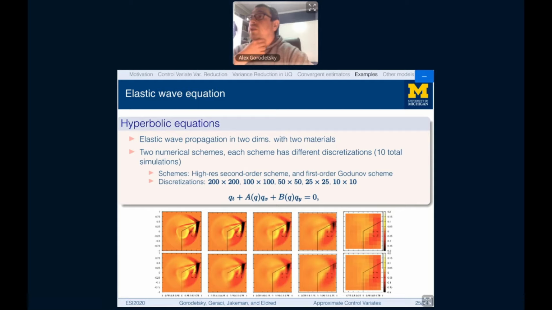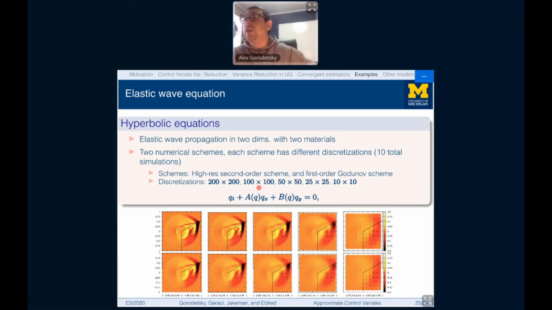Okay, so here's another example on robustness to discretization aggressiveness. So here is a PDE modeling elastic wave propagation. So this is multi-fidelity and multi-level in the following sense. We have a nonlinear PDE. We have 2 numerical schemes, which we call the fidelities. The first is a second order scheme. The second is a first order scheme.